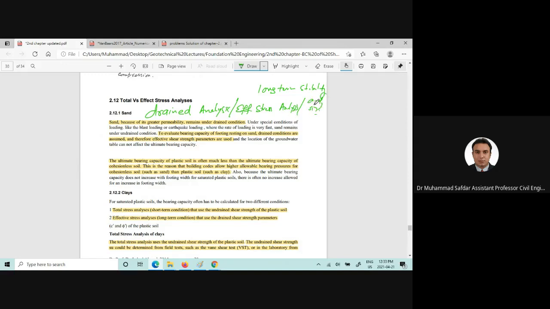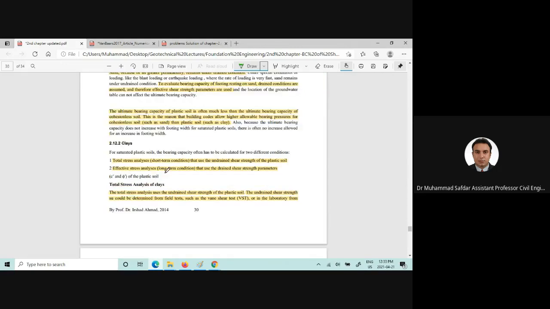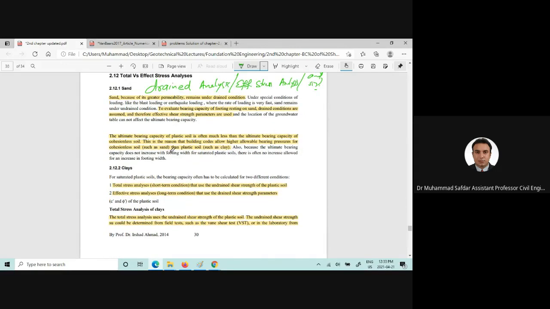Sometimes, as we discussed, undrained analysis is also performed for sands when we are dealing with blast loading or earthquake loading, but mainly we are concerned with the drained strength of the sands.